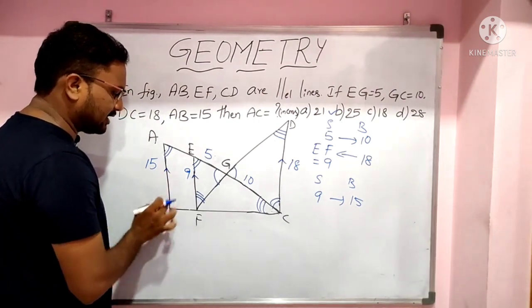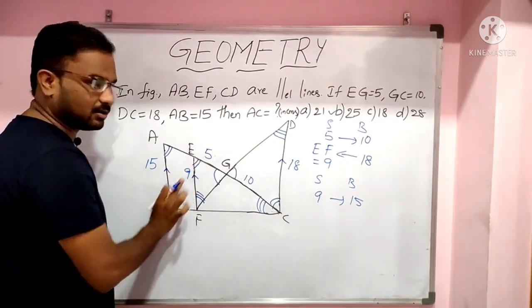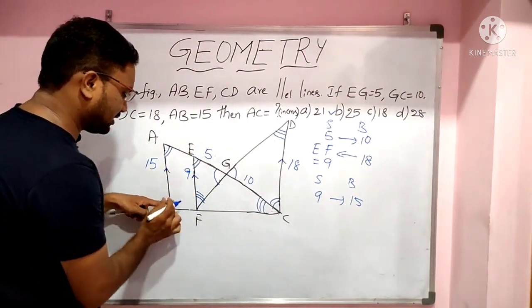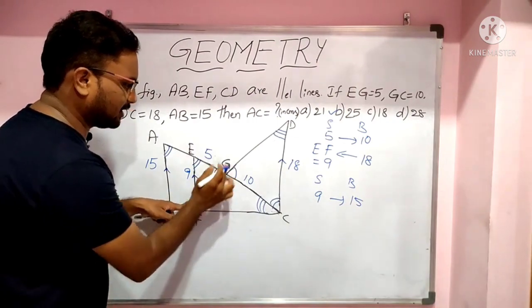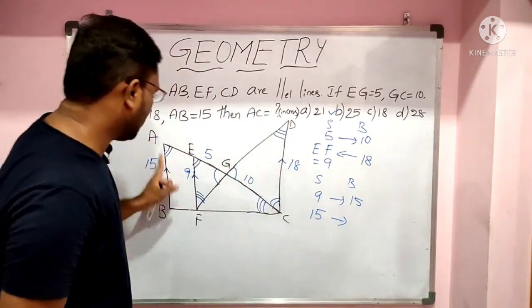So hence we need to find AC. AC means the side corresponding to this angle in the bigger triangle. The side corresponding to this in the smaller triangle is 15, so 15 becomes AC in the bigger triangle.